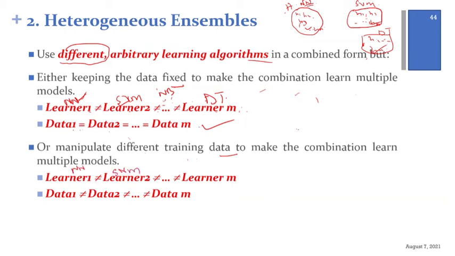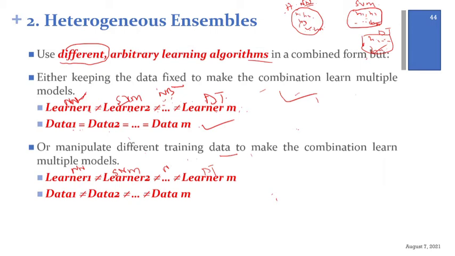This is SVM, support vector machine. This is naive Bayes, and this is decision tree. You also decide to manipulate the data at the same time. That's up to you. This is another way you can do it. This is valid. This is also valid. So even though they are different algorithms, keeping the data fixed, it's okay. That's going to produce a diversified outcome already.